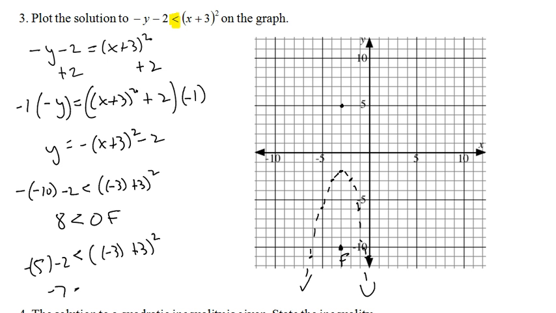That's going to give me -7 is less than 0, which is true. So not including the parabola, but everything outside of it is going to make that inequality true. So everything not inside that parabola, not including the parabola, will make this inequality true.